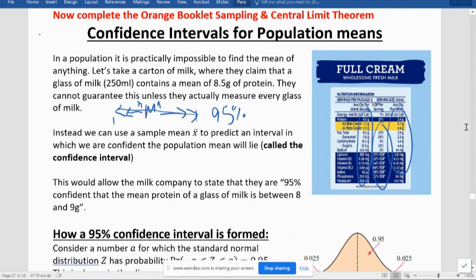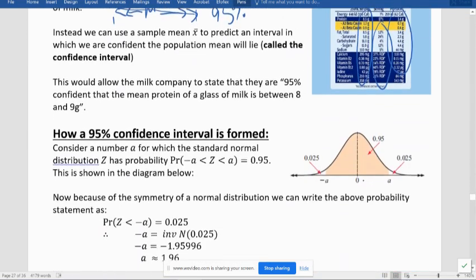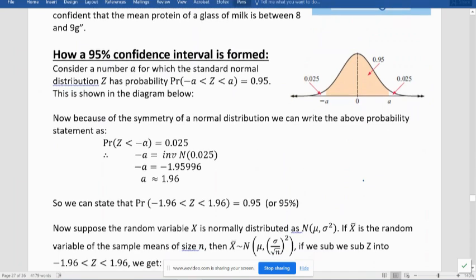Now, there's a bit of formula work to explain it, and it does say down here how the confidence interval is formed. To quickly explain it, as you can see in this diagram, we use our standardized normal distribution where the mean is 0 and the standard deviation is 1. If you want to work out where 95% would be, you could do an inverse norm.